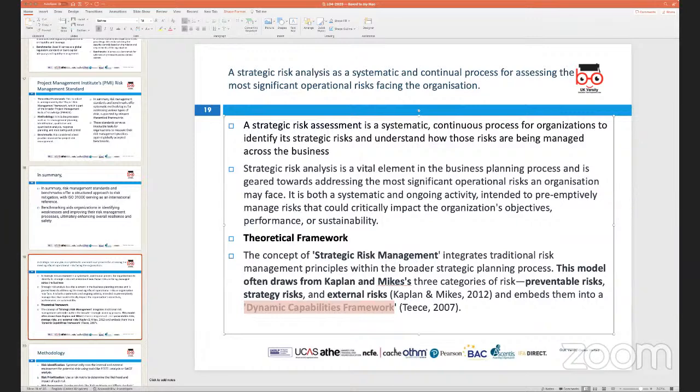So these capabilities enable the firm not only to respond to changes, but also to proactively shape the environment in which it operates. It could be the competition that it operates with, or a particular market that it operates in.